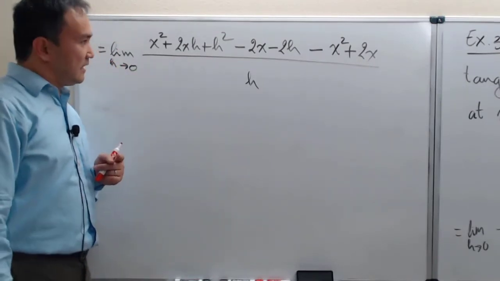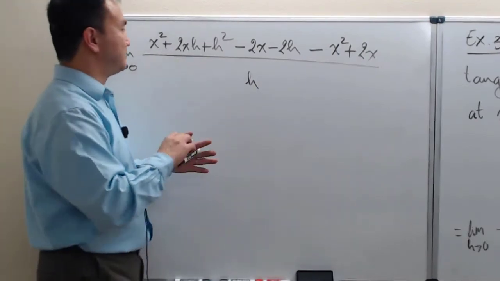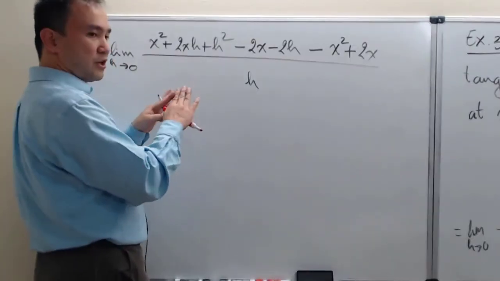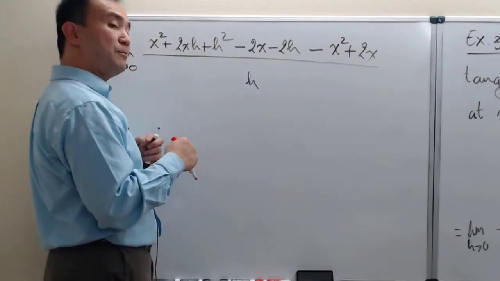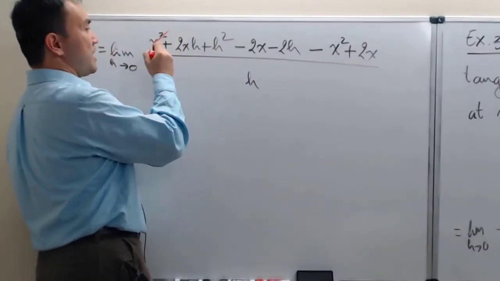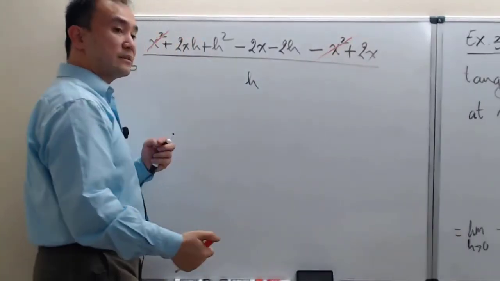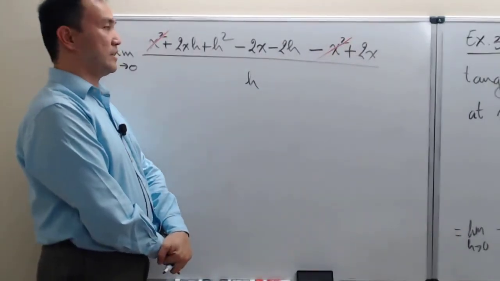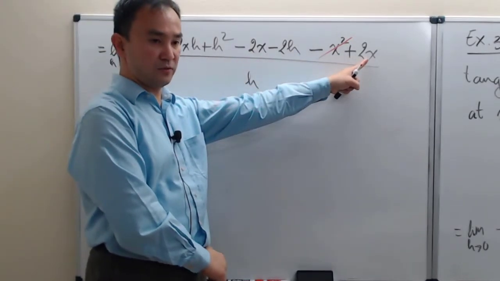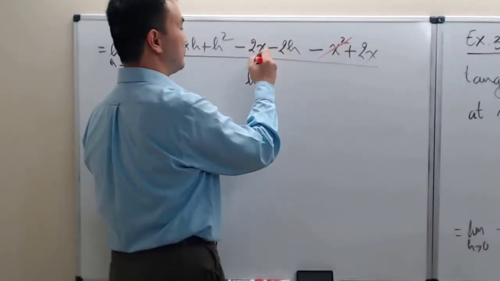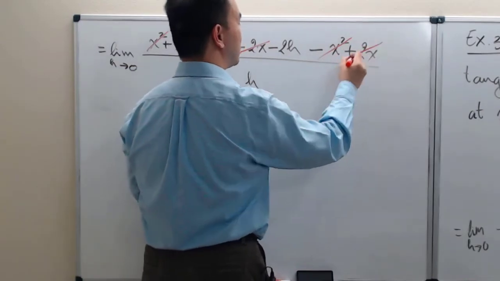Okay, and now at this point, I am going to start collecting like terms or canceling out opposite terms. So x squared is opposite with the other x squared, and we can successfully cancel them out. The minus 2x here is exactly opposite with the other 2x, so I am going to cancel those out as well.